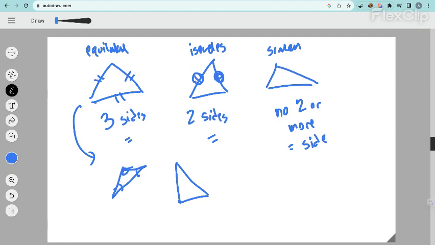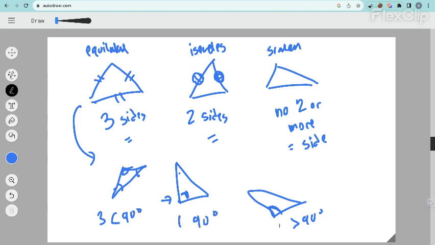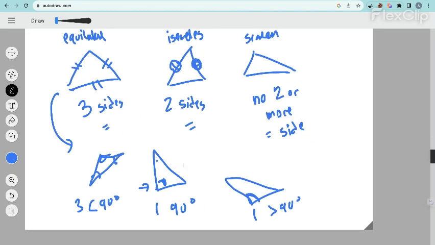You can have a right triangle, where one of the angles is 90 degrees. And if you have an obtuse triangle, it means it has one angle that is greater than 90 degrees. So remember: acute, three angles less than 90; right, one that is 90; and obtuse, one that is greater than 90. So those are the main types of triangles, both by side and by angle.